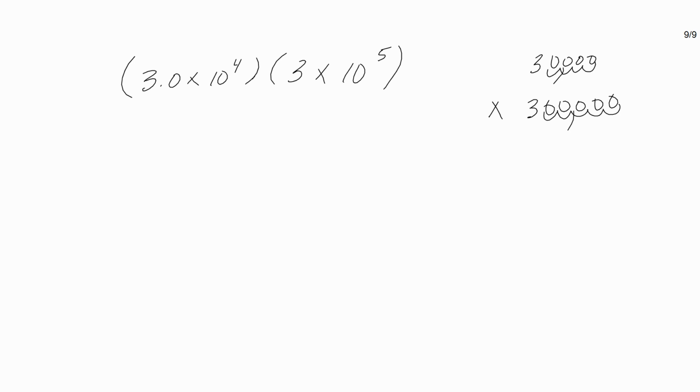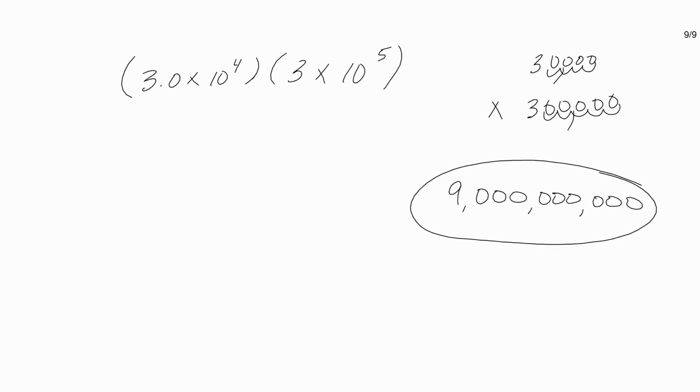They're going to give you 300,000 times 3,000. You go and you say, okay, that's 9 times 10 to the 9th. 9 times 10 to the 9th is 9 billion. You can do that all day long.